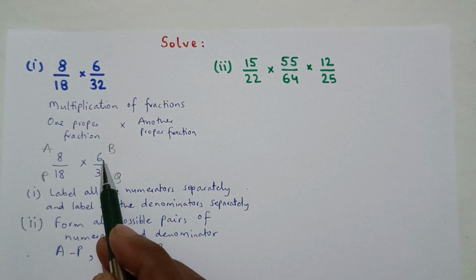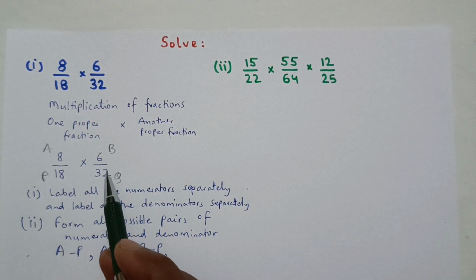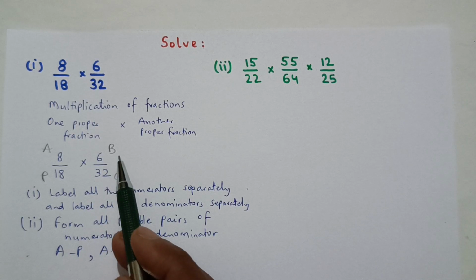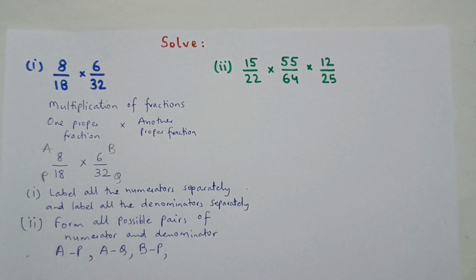And then 6 and 32 is another pair of numerator and denominator. So BQ is another pair. So these are the 4 possible pairs of numerator and denominator for question number 1.